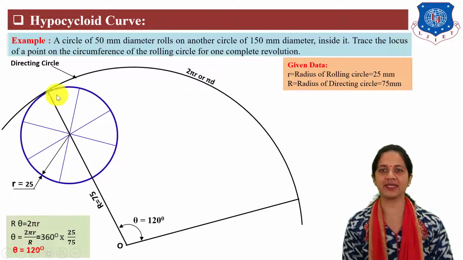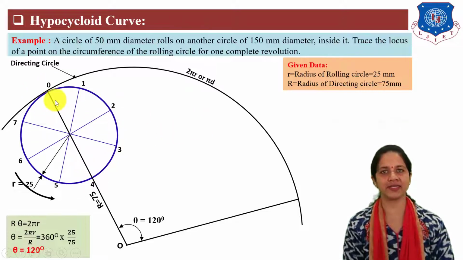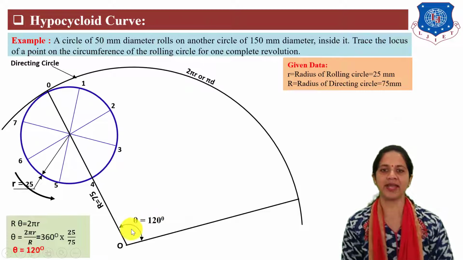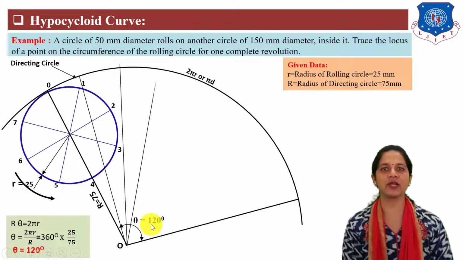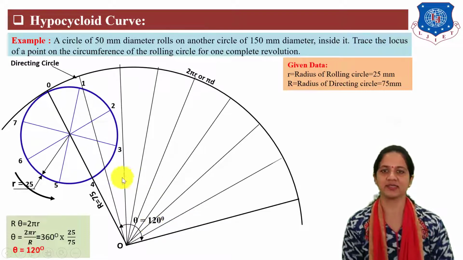Next, divide this rolling circle into 8 equal parts at 45 degree angles. Here, the rolling circle rolls in an anti-clockwise direction, so mark the division points of this rolling circle in a clockwise direction. Next, divide the theta degree angle of the directing circle into 8 equal parts.